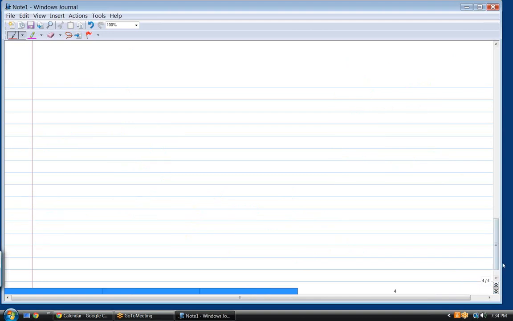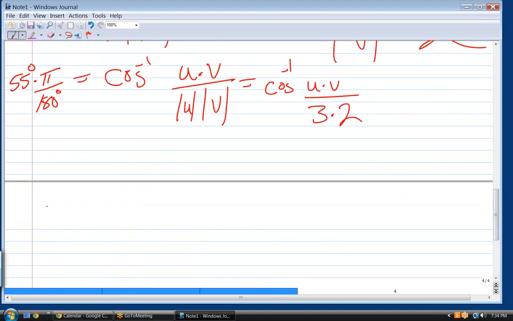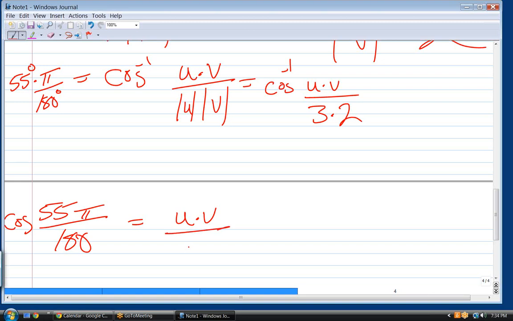So basically, we have the cosine of 55 pi over 180 equal to u dot v over 6. So they're asking about u dot v. Multiply both sides by 6. That should be the answer.